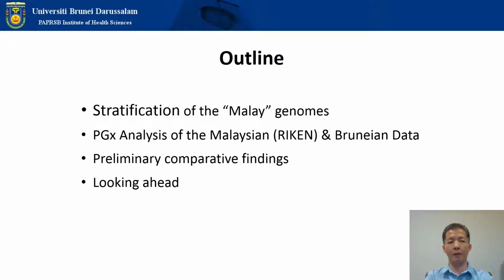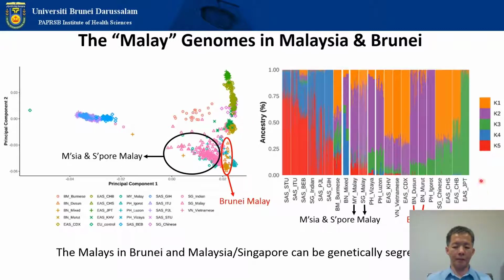First of all, I will tell you why we think it is necessary to compare the two Malay population groups in the two countries, and then we're going to share with you some of our workflows, how we did the comparisons, and then perhaps a bit of our results and what we plan in the future.